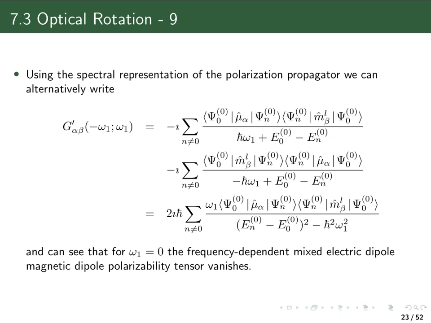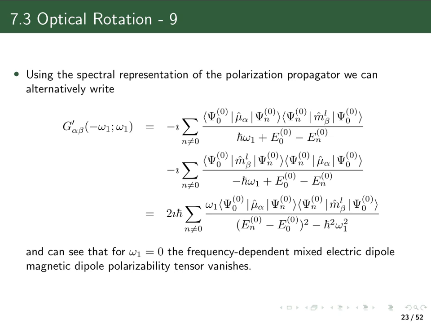But the result is slightly different than in the case of the frequency-dependent polarizability. We still get that also this G prime tensor in the denominator has the frequency squared, and the difference between the frequency of the radiation squared and the energy difference between the excited state and the ground state.